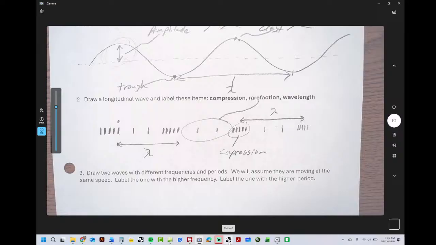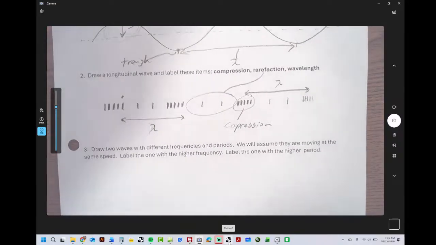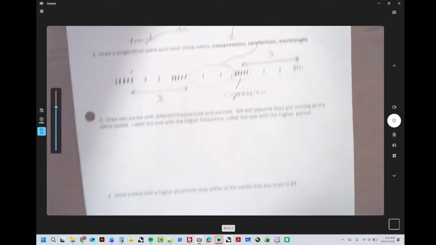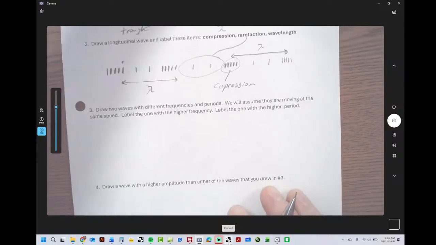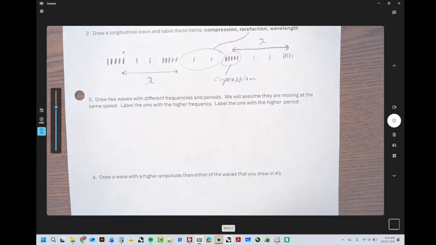Okay. Now number 3 says, draw 2 waves with different frequencies and periods. You can draw any kind of wave you want. One kind is easier. And we'll assume they're moving at the same speed. Label the one with the higher frequency, label the one with the higher period.